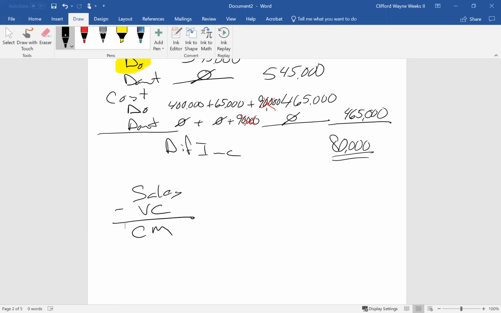Now, if you remember, contribution margin contributes to covering your fixed costs. In this case, we did not have enough contribution margin to cover the fixed costs that were allocated to this product, because we had sales of 545,000 and we had variable costs of 465. We had $80,000, which was a positive contribution margin.